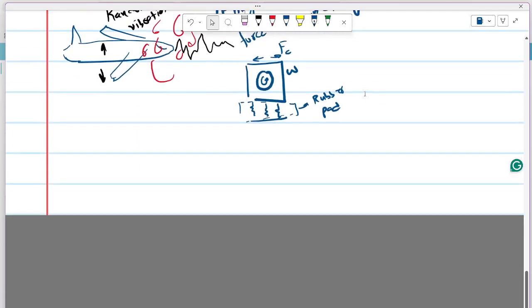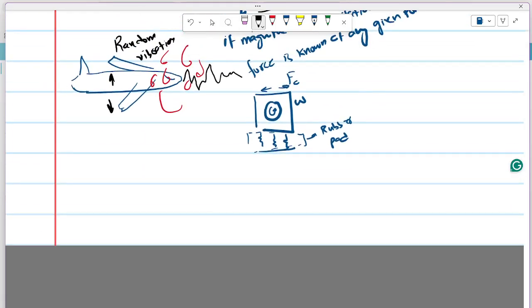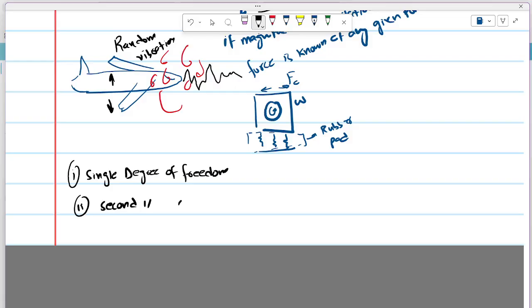We are going to study single degree of freedom systems. Then we will deal with the two degree of freedom system, and then with the multi degree of freedom system.